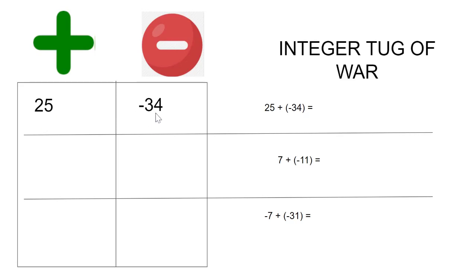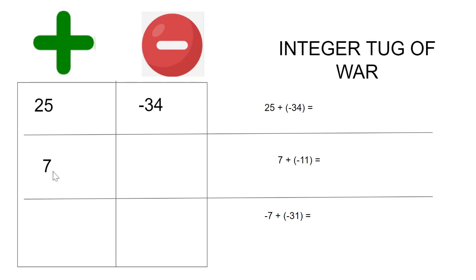The absolute value of negative 34 is positive 34 because it is 34 places away from 0. Absolute value is always positive. So we know the difference is 9, and we know that negative 34 has the greater absolute value. So our answer is negative 9 for the first problem.